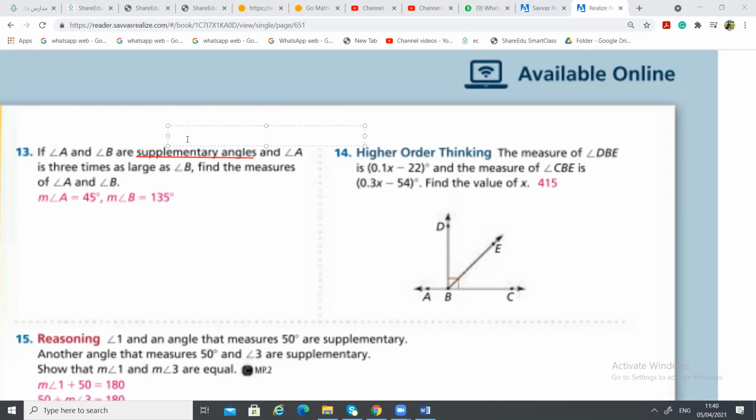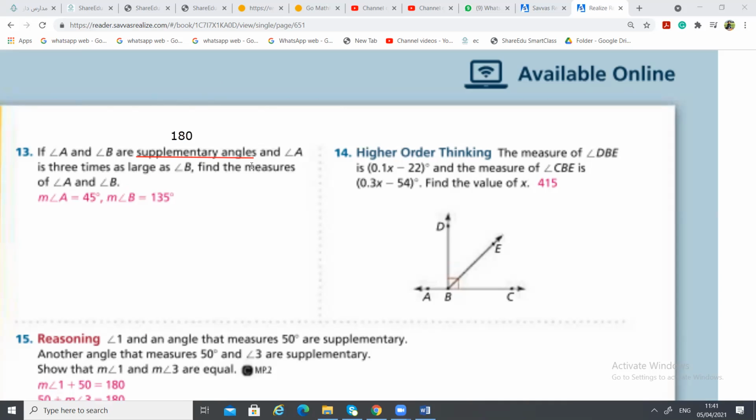Let others participate, Zishan. Noor, you can. 180. Excellent. Supplementary angle. This is a question in your graded material. 180 means it is a supplementary angle.